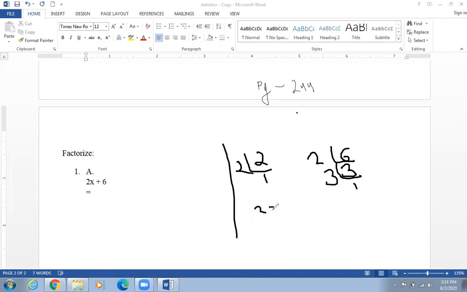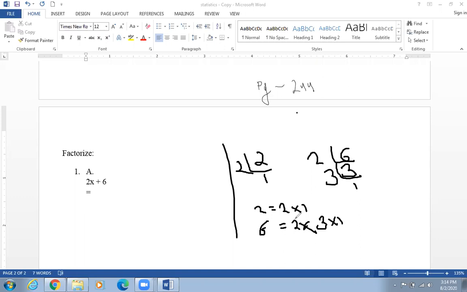So 2 means 2 into 1. Let us not write the 1 over here, otherwise we can write the 1 also. And 6 means 2 into 3 into 1. And 2 means 2 into 1.